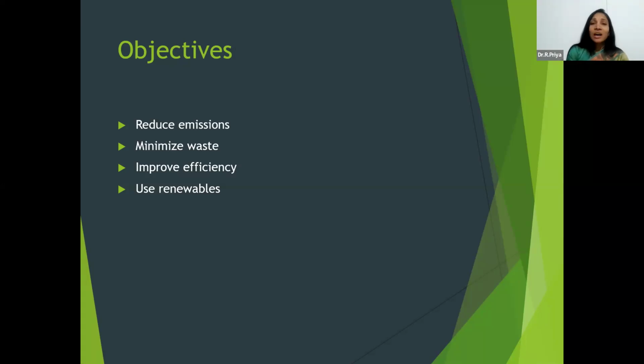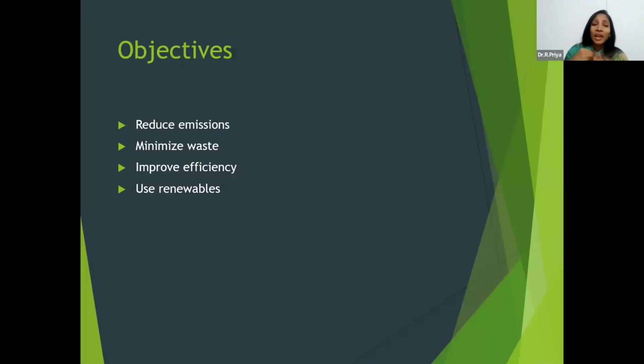Engineers achieve this through better process design, cleaner fuels, and pollution control technologies. Then minimizing waste, which focuses on cutting down scrap, rejected parts, and hazardous byproducts. This includes practices like recycling, reusing materials, and designing products that generate less waste during manufacturing.